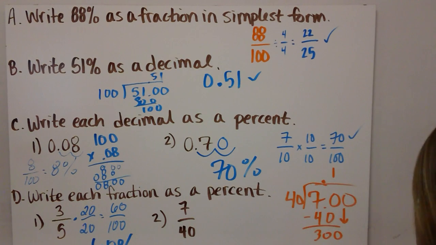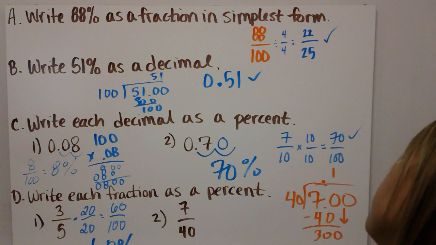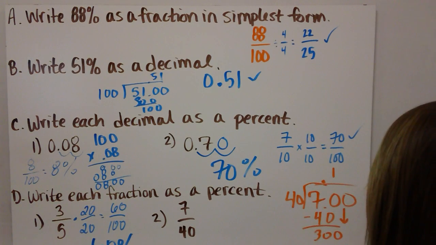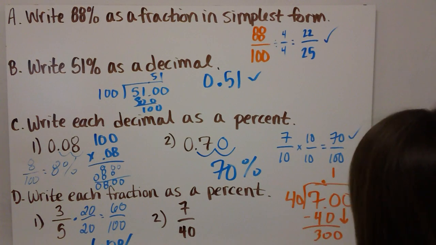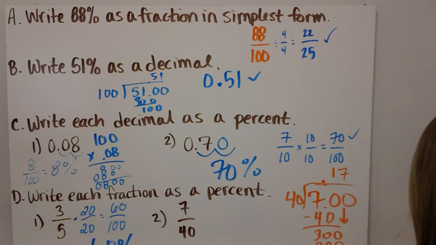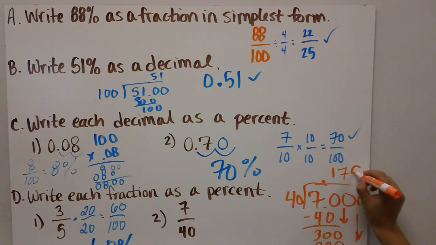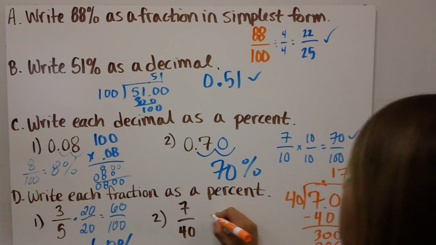Let's bring down that 0, 300. 40 goes into 300 7 times, which would be 280. So we'll put that there. 20 left over, bring down another 0. 40 goes into 200 5 times.